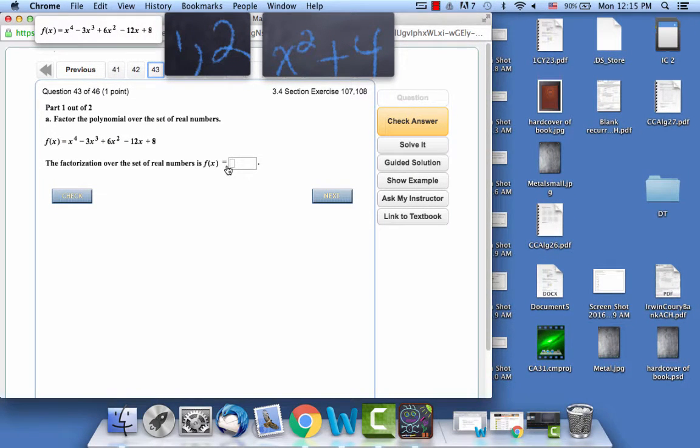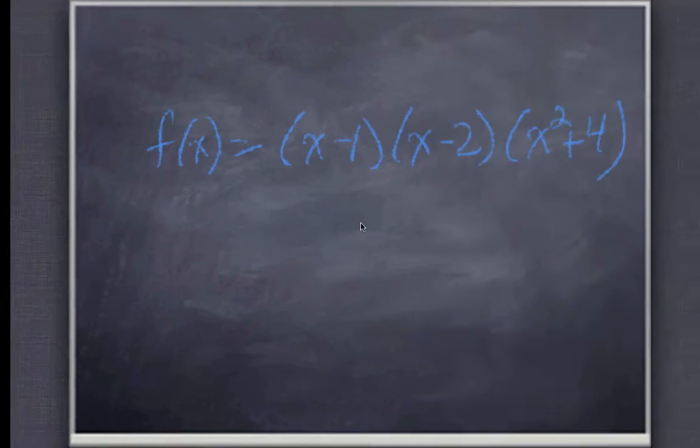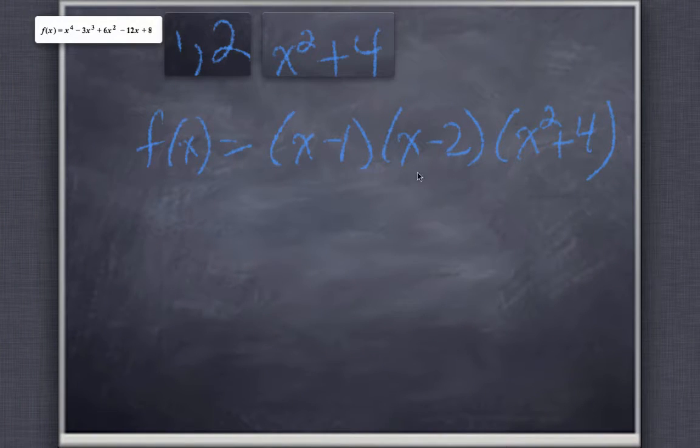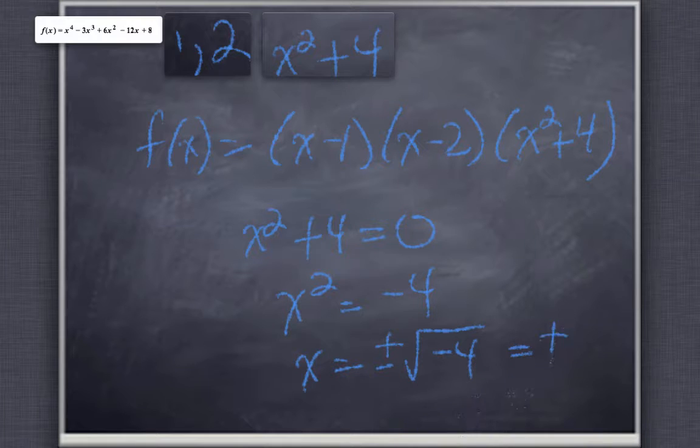The question asked the factorization over the set of real numbers. So these two are over real. This one, if I factor it, because it's x squared plus 4, so let's say that we tried to factor it either this way or using the quadratic formula, you're going to get the same thing no matter what. This is x equals plus or minus the square root of negative 4, which is plus or minus 2i. So that's not over the reals.